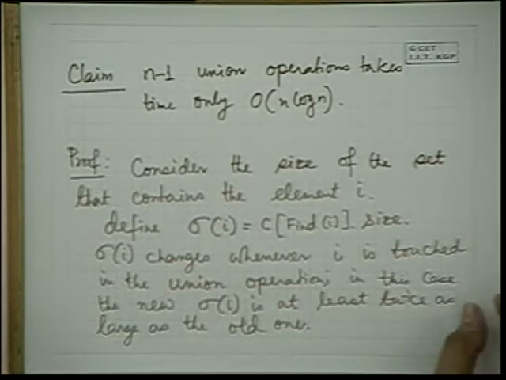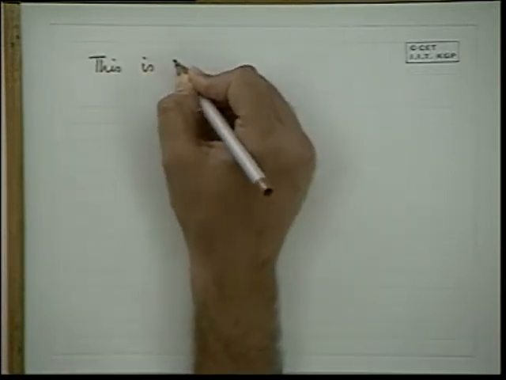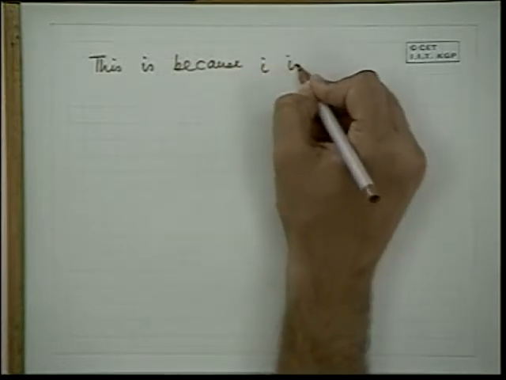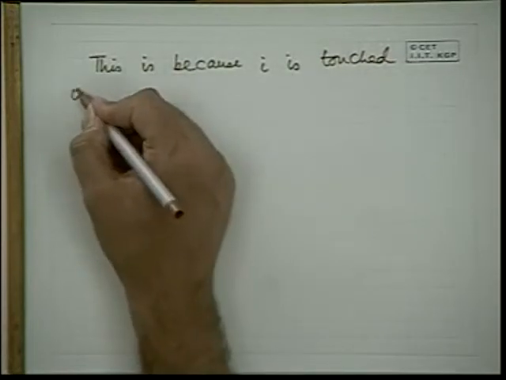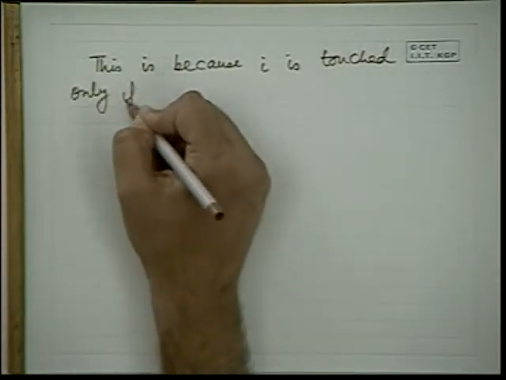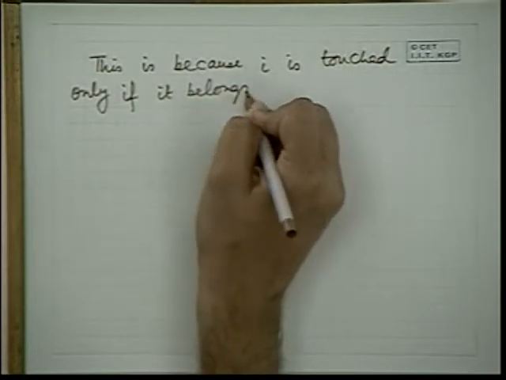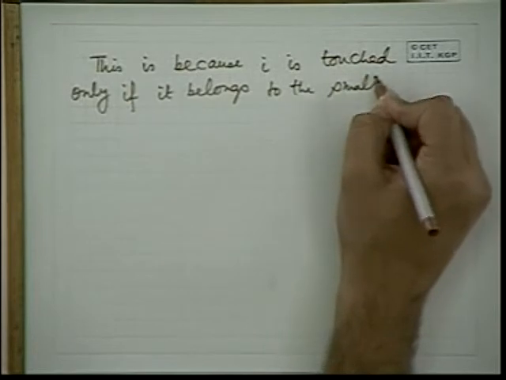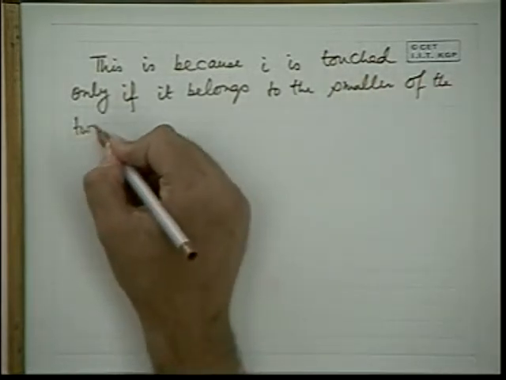This is because I is touched only if it belongs to the smaller of the two sets.